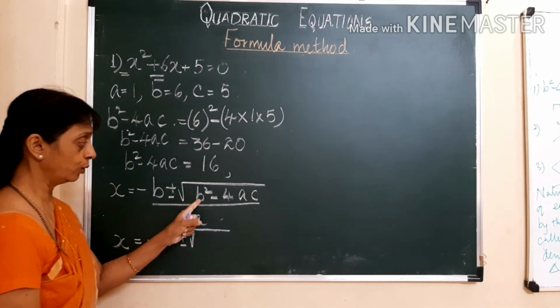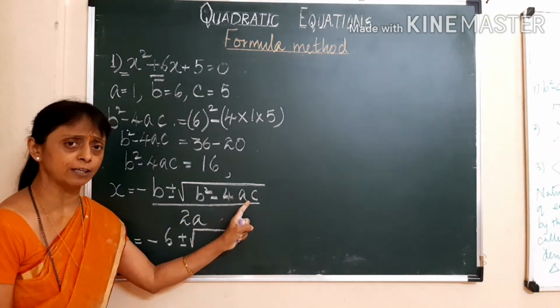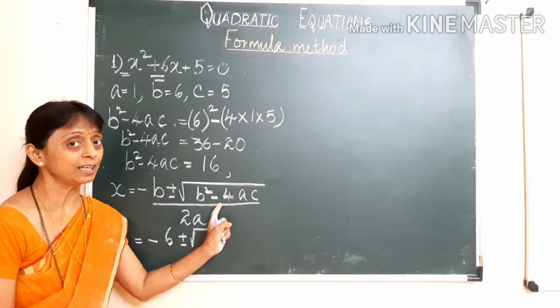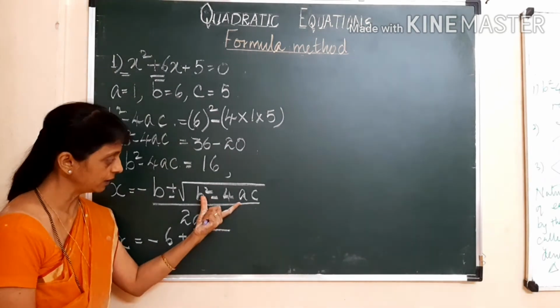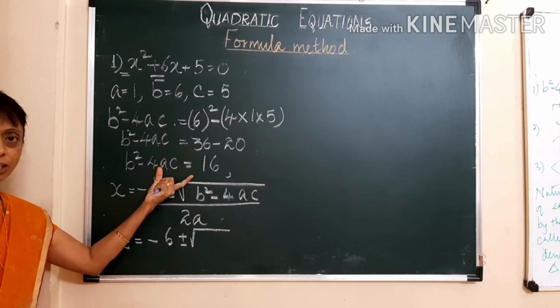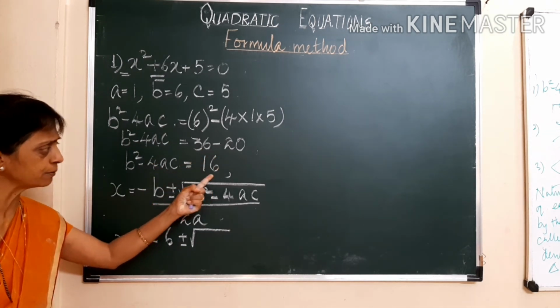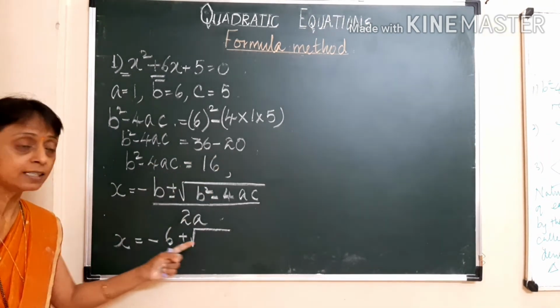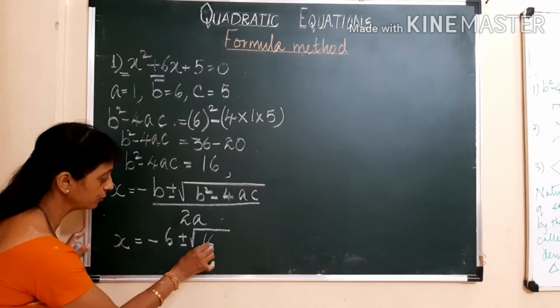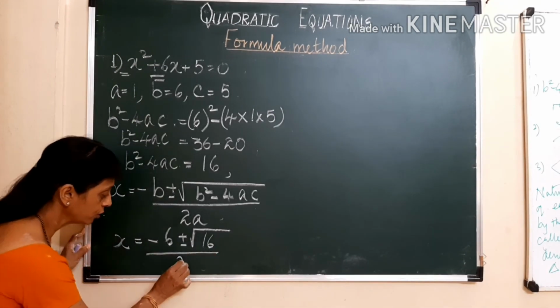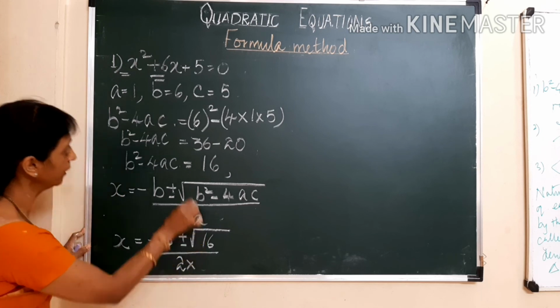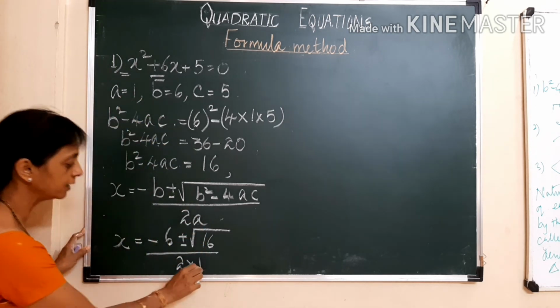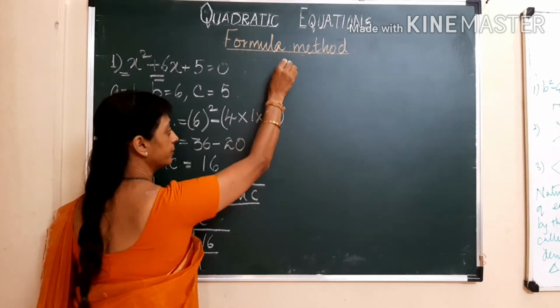Now children, do I have to substitute individually the values of a, b, c over here? Definitely not. Why not? Because over here, can you see, I have already found out the value of b square minus 4ac. I have to just substitute its answer inside the square root sign. So that is root of 16 upon 2 into a. What is the value of a? 1. So let's proceed children.